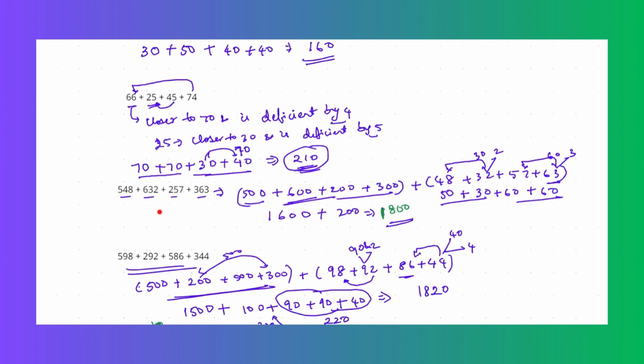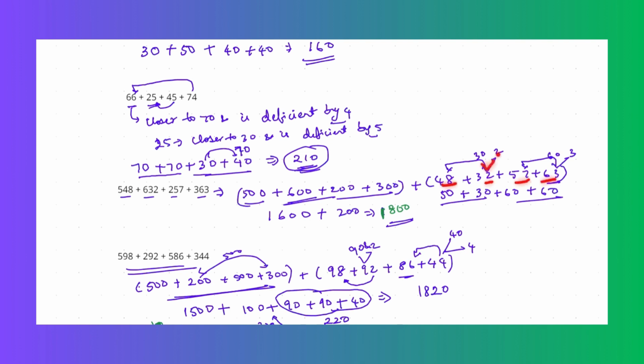Now the next problem: 548 plus 632 plus 257 plus 360. Now we take away all the hundreds. It becomes 500 plus 600 plus 200 plus 300. Now write all the other numbers as 48 plus 32 plus 67 plus 63. Now split 32 as 30 and 2, and 63 as 60 and 3.